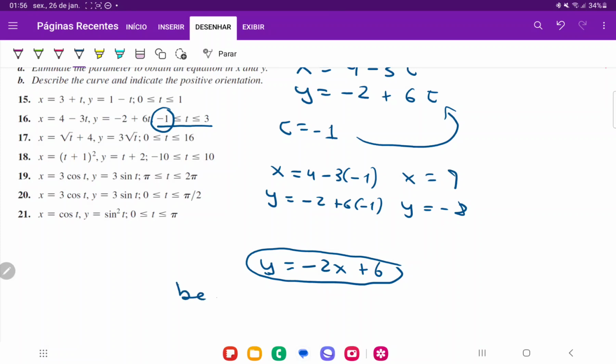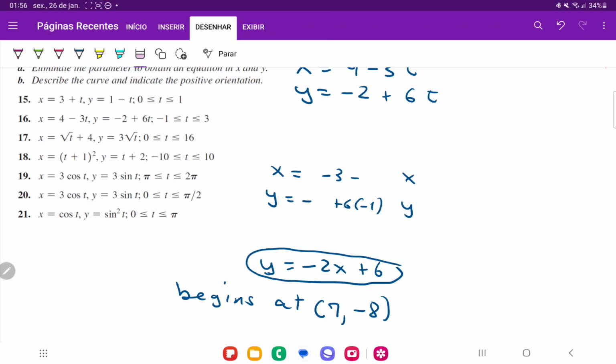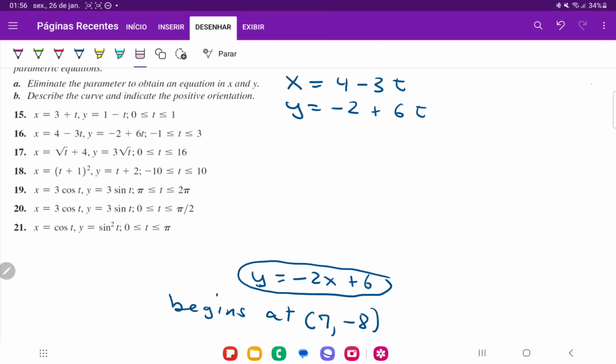So we're going to say it begins at the point 7 comma minus 8. And now let's look at where it ends. So it ends where t is equal to 3. Similarly to what we've done, we're going to plug in 3 into these equations for x and y.